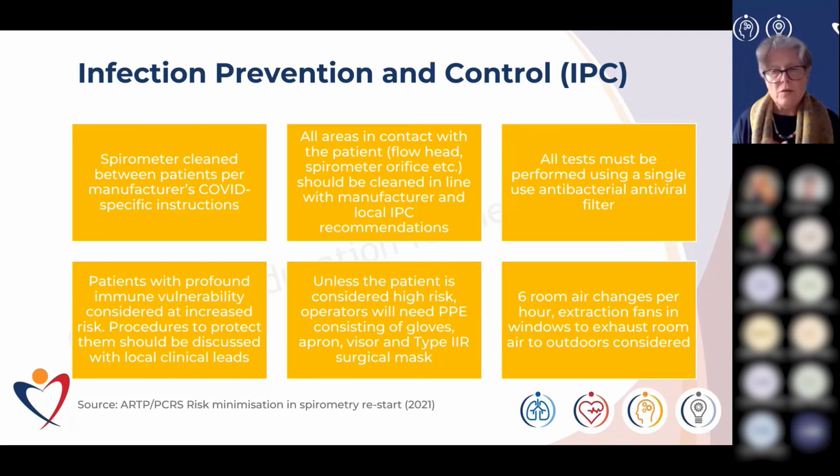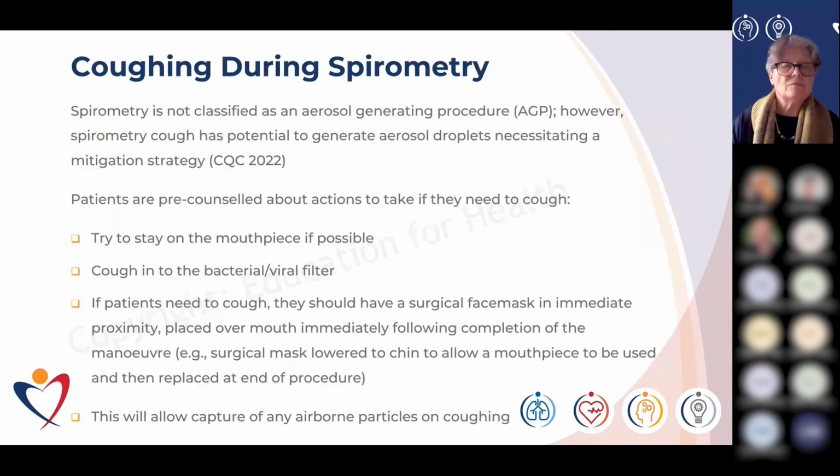So for instance, we use the Clinell wipes to wipe down all the surfaces, everything the patient has touched. And we also use the Perisafe, sorry, for cleaning the turbine as well.